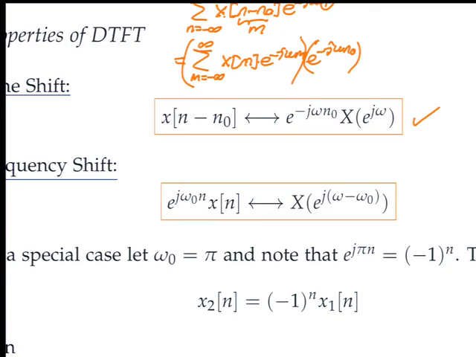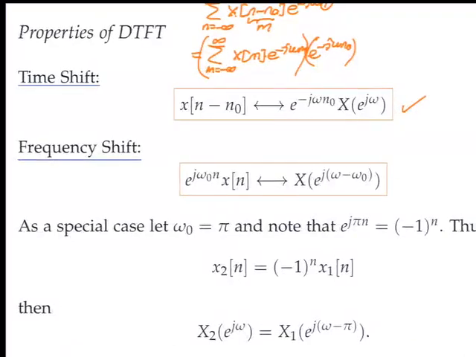A special case of this is taking omega naught to be pi. If I take omega naught to be pi, then this is e to the j pi n. But what is e to the j pi? The complex number that makes 180 degrees with the positive real line gives me negative 1, right?